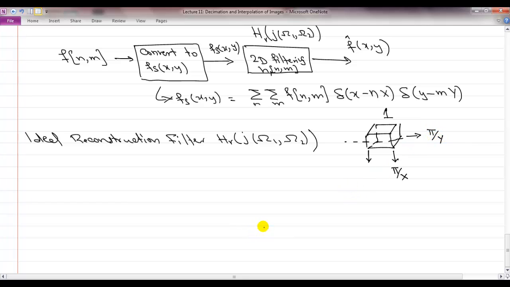Okay, so that is the generalization of the 1D ideal reconstruction filter, which cuts off every frequency above pi by t. So this is minus pi by x, and this is minus pi by y.